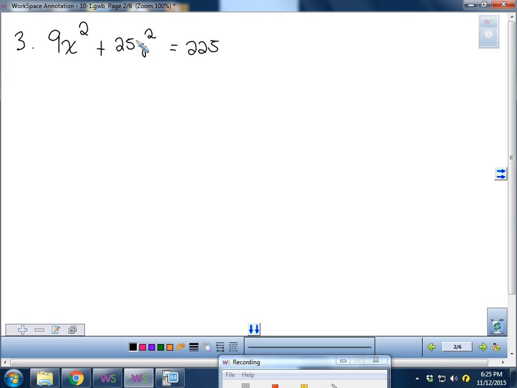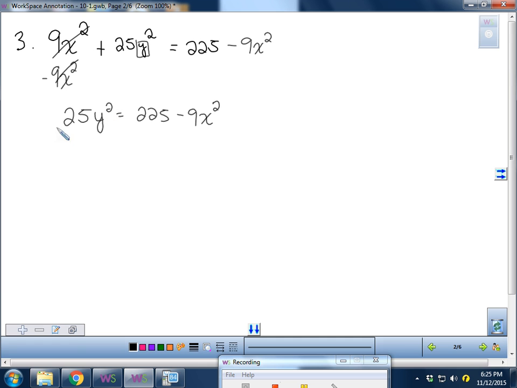Again, we're wanting to graph this, so I'm going to solve for this y right here. First thing I want to do is subtract the 9x squared. So that gets rid of that. I have 25y squared equals 225 minus 9x squared.